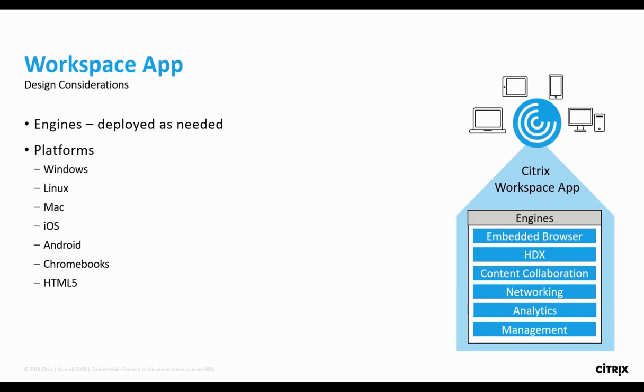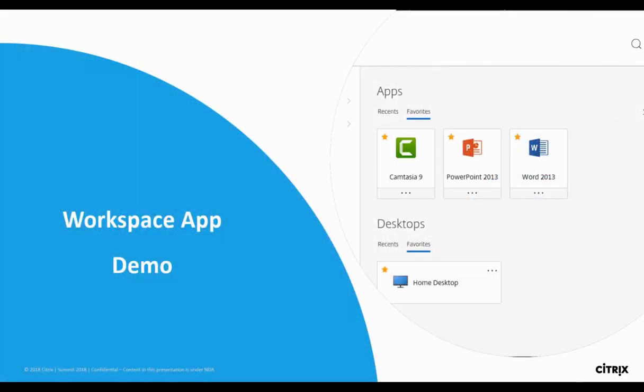There are also many different platforms. Pretty much all the platforms where you're going to need Workspace app, it's available: Windows, Linux, Mac, iOS, Android, Chromebooks, and if you're not on one of those, you've got HTML5. So all you need is a browser to get access to Workspace app.